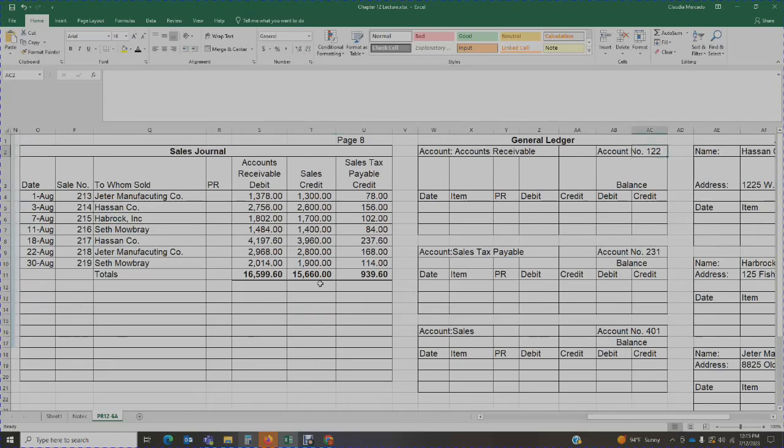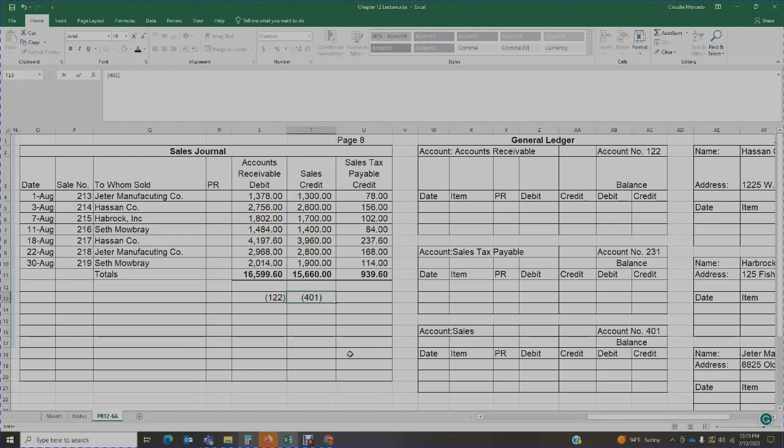Accounts receivable is account number 122. So I'm going to reference this right here, account 122. And then my sales account is account number 401.